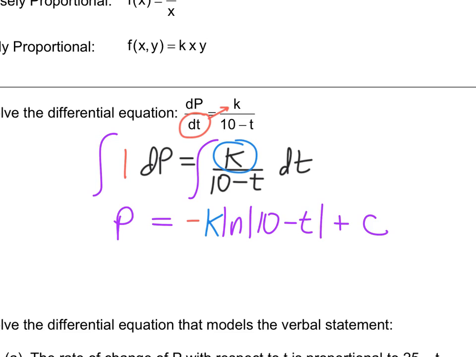All right. So now we successfully have taken the antiderivative. We have a solution to the differential equation. It's in the form of p equals. Normally we would like it to be y equals, but that's not important here because it's p's and t's instead of y's and x's. This one's actually done. We don't have to go any further. They didn't give us a condition. Right?